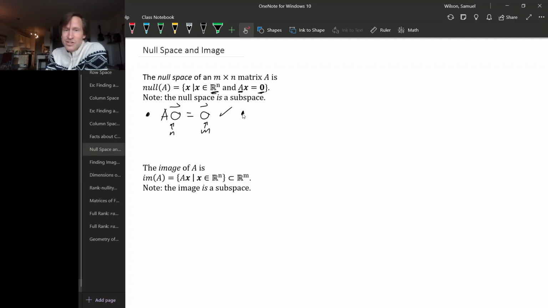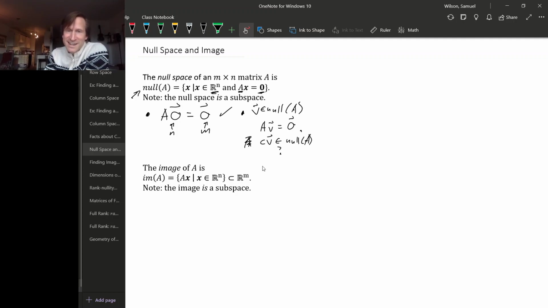Okay, the second thing we need to check is if we have a vector in the null space, is any multiple of it also in the null space? So let's check. Let's take a vector v in the null space. That means that if you multiply v on the left by A, you get the 0 vector, right? That's what it means to be in the null space. Well, now we need to check if we do any scalar multiple, will that be in the null space?